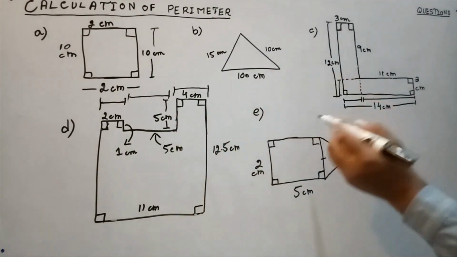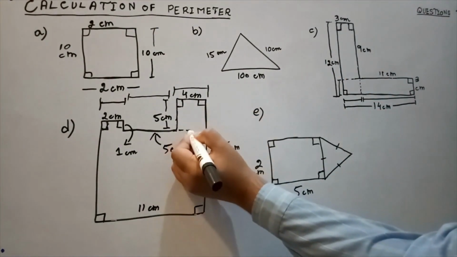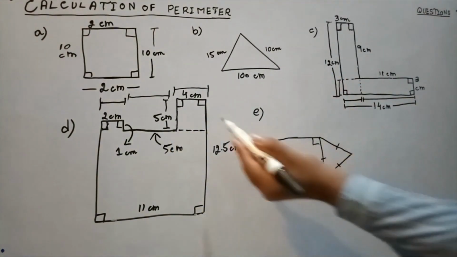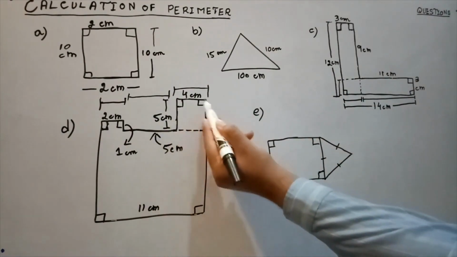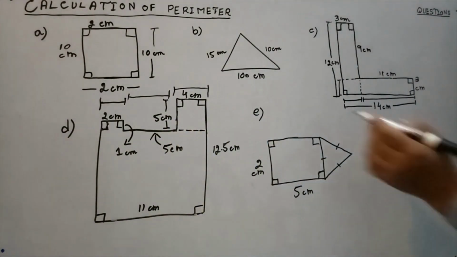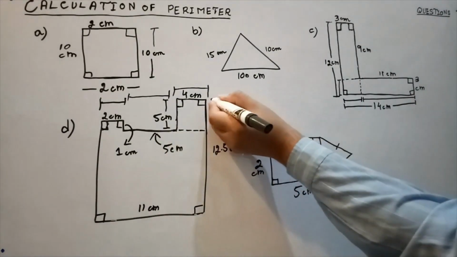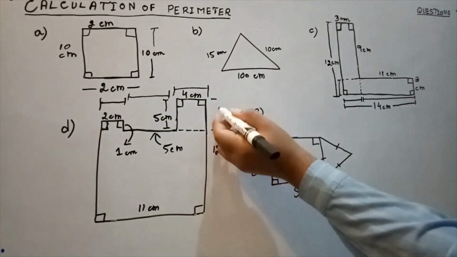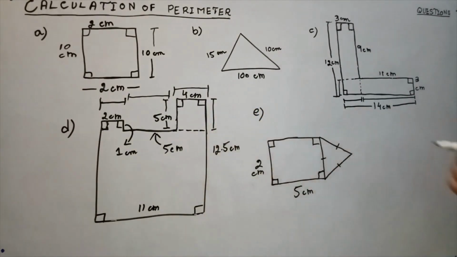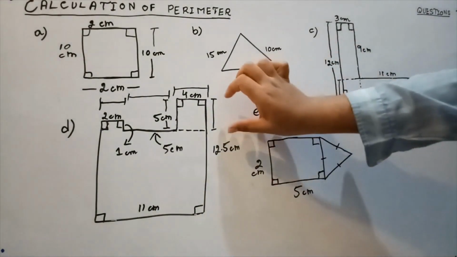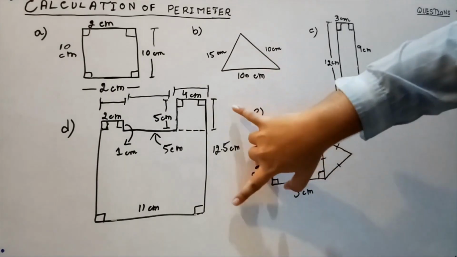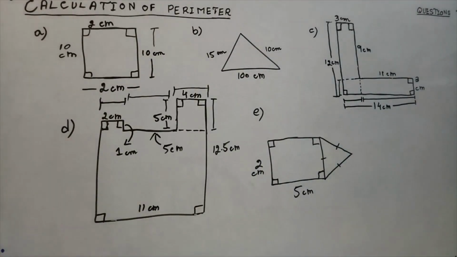If I extend this line here, because it is a rectangle, opposite sides are equal. So if this length is 5 centimeters, this length from here to here is also 5 centimeters, and the whole is 12.5 centimeters.